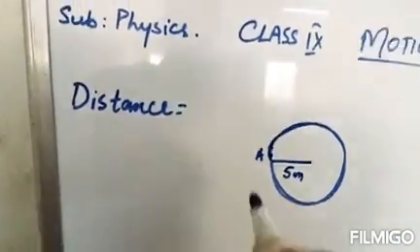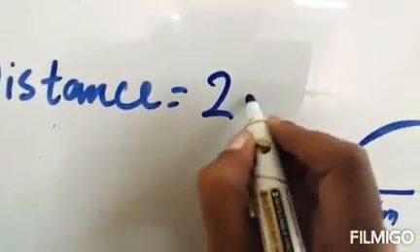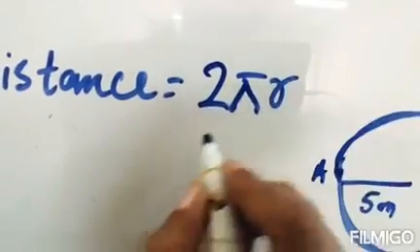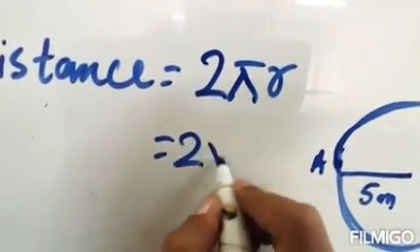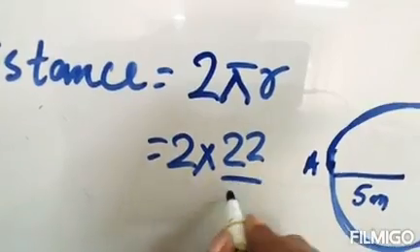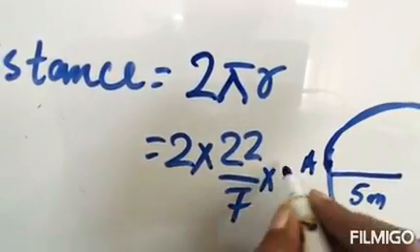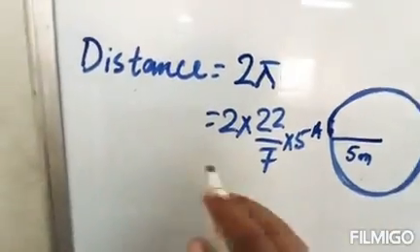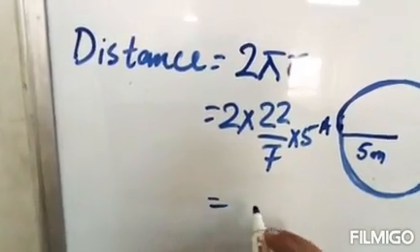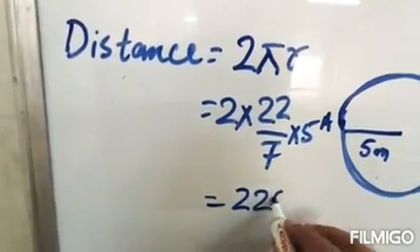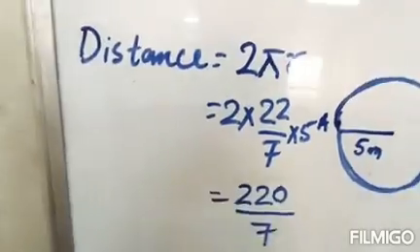And the circumference of the circle is 2 pi r. So 2 into 22 by 7 into r, which is 5 here. So it will be 220 by 7.